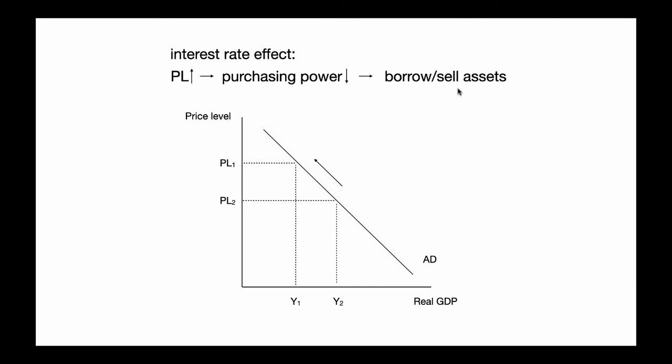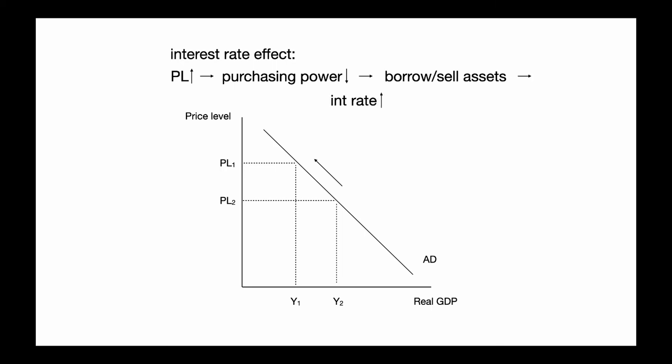So borrow money or sell some of your assets, and both of those things have the effect of raising the interest rate. So just imagine a bunch of people trying to borrow money in order to buy things. The price level of everything at the store is higher, so people need more money to go make purchases. So you might think of it just in terms of borrowing money. So everyone's trying to borrow money, that drives up the interest rate.